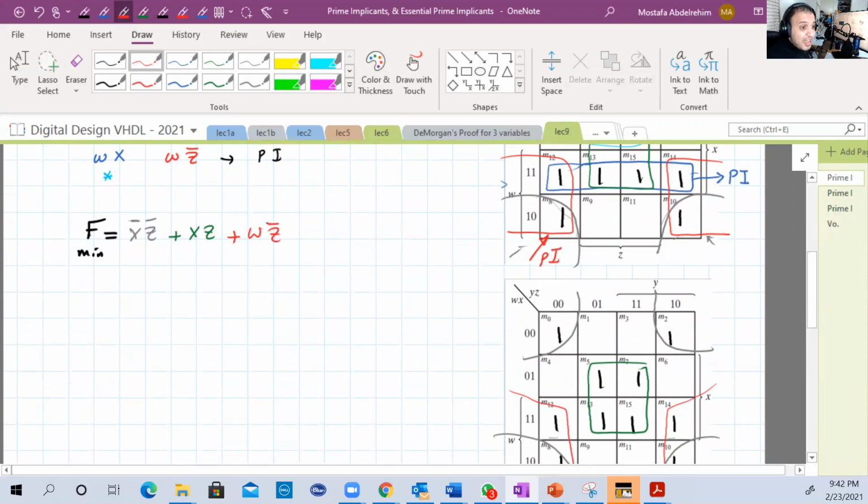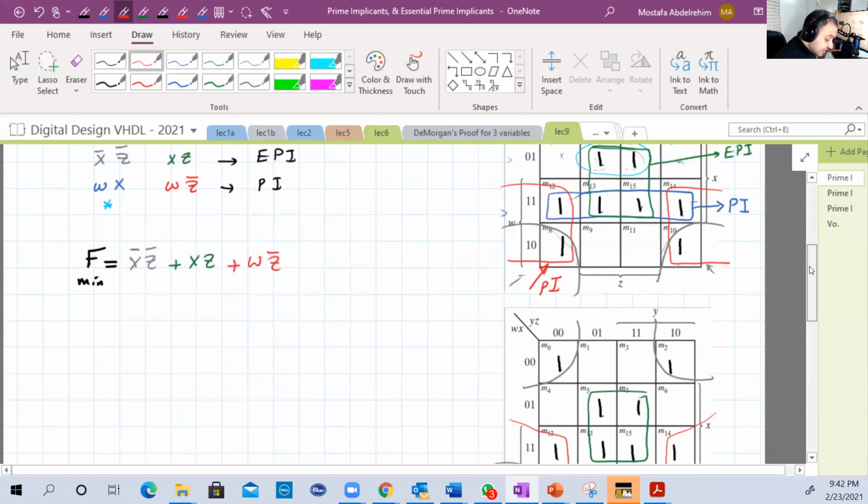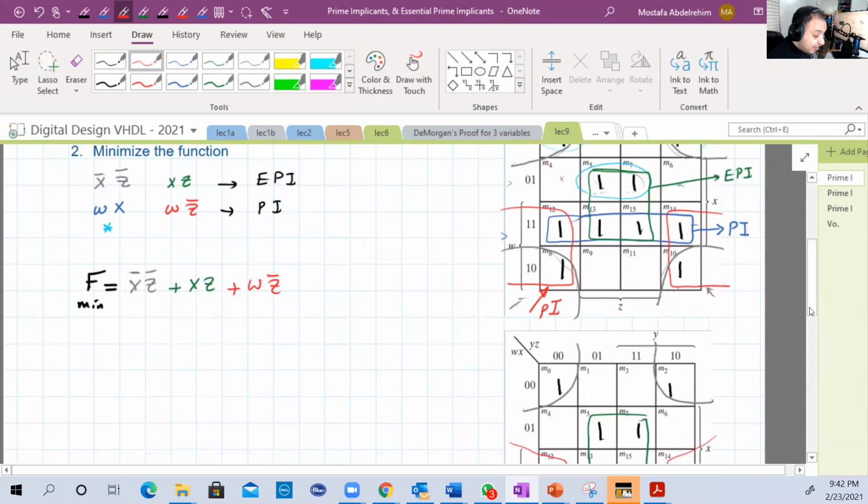Can we do it another way? Yes, you can. If you take the blue prime implicant and exclude the red, then f will be x bar z bar plus xz plus wx. So this is right and this is also right.